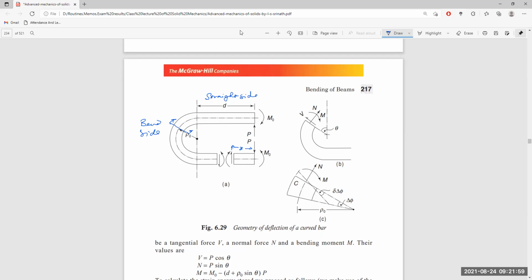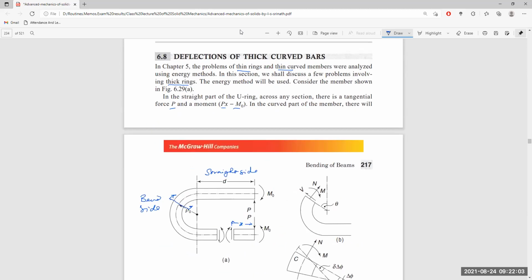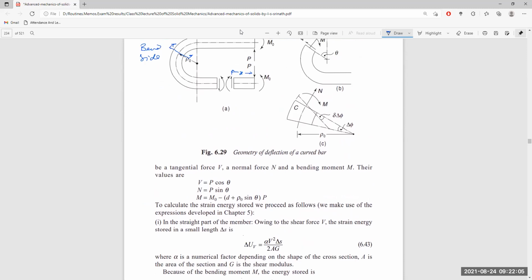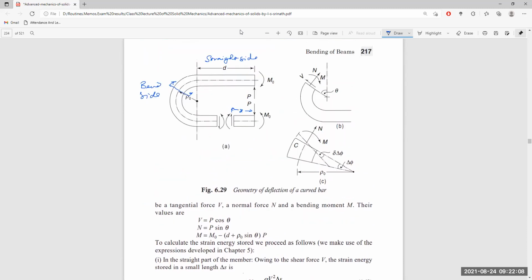Now we have to find out the value of the tangential force.